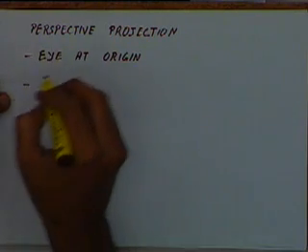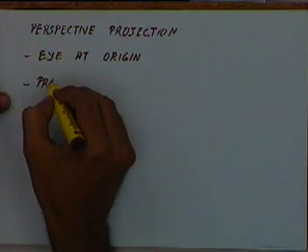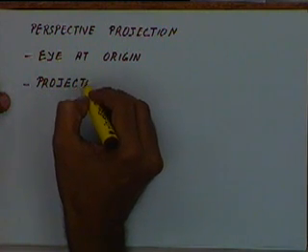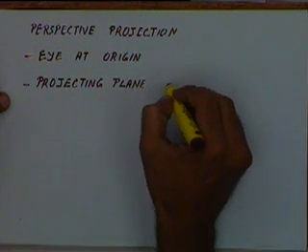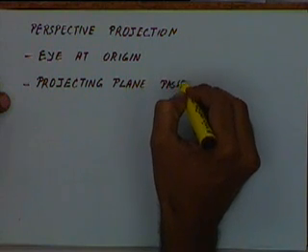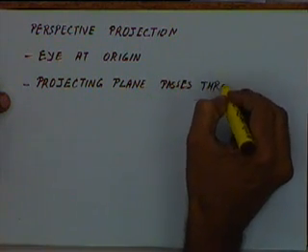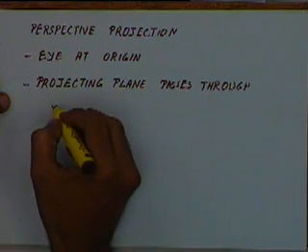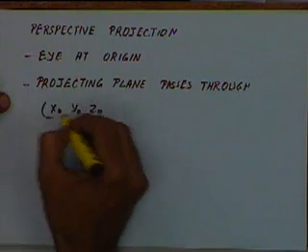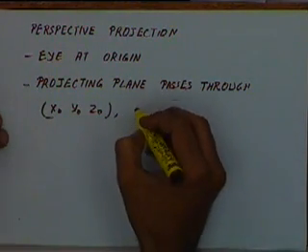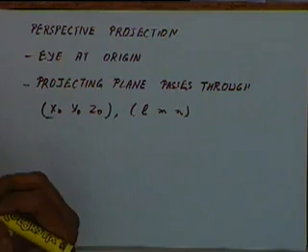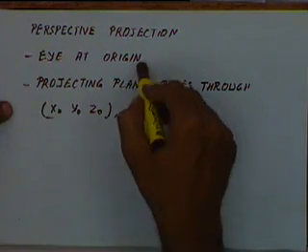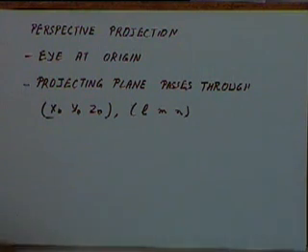Okay, and the projecting plane passes through the point x naught, y naught, z naught and has a unit normal vector given by L, M, N. If this is a projecting plane and the eye is at the origin, in that case how do we get the perspective transformation?